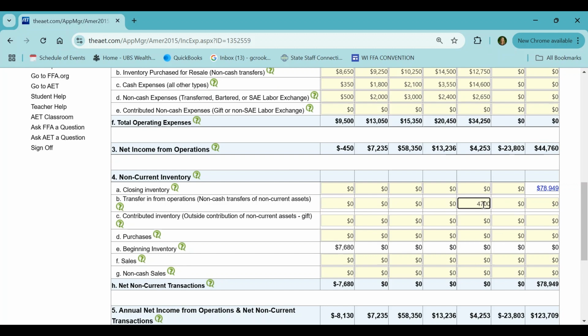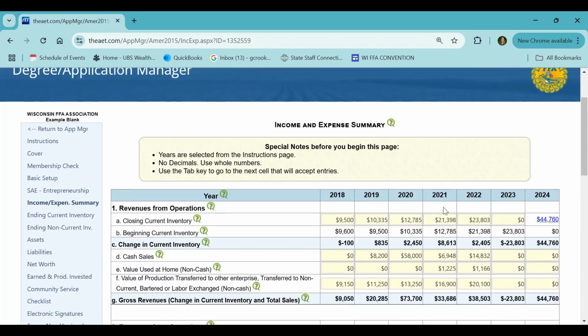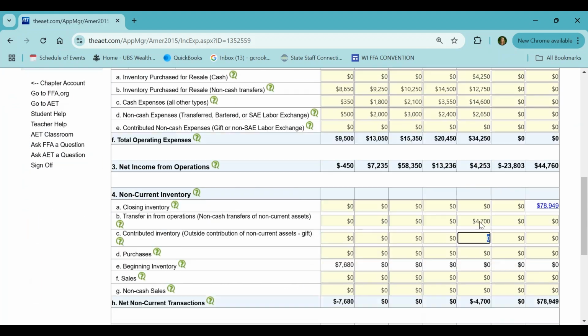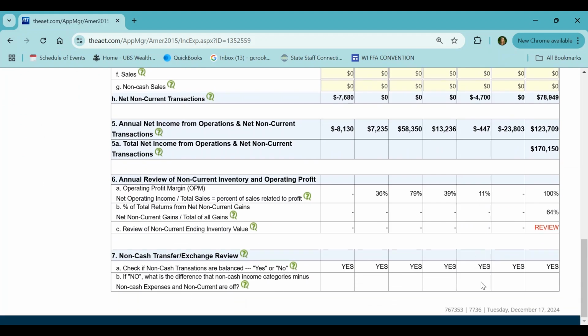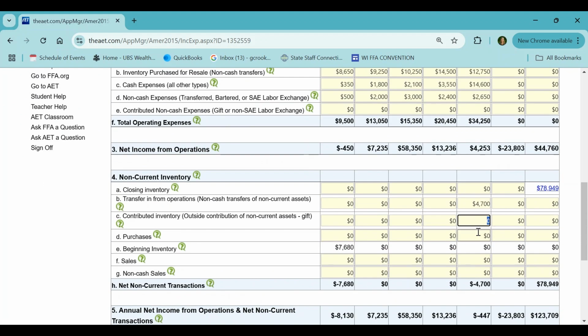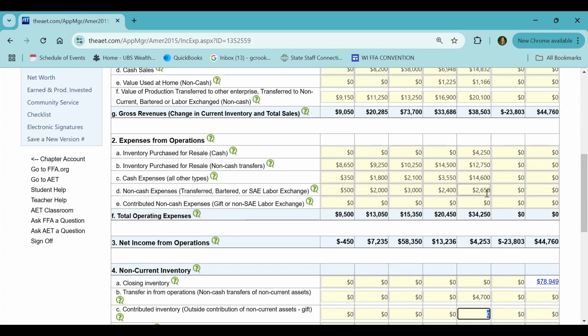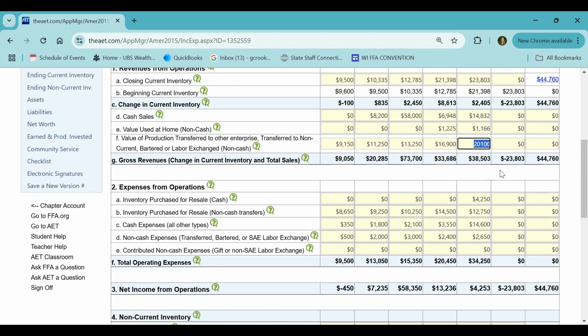So these would be breeding heifers that he raised or were born to his herd in 2021, and then he transferred them in 2022. So now if we add all of those up, we get a yes, because now the $4,700, $2,650, and the $12,750 equal this $20,100 in 1F.